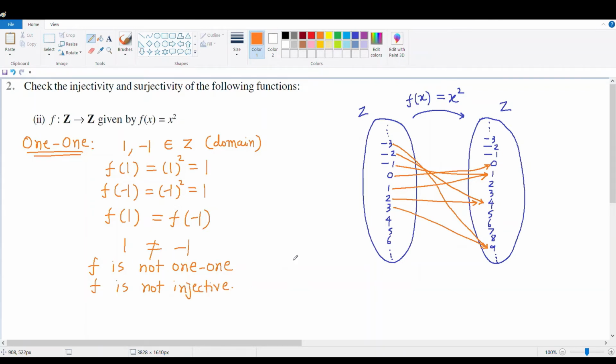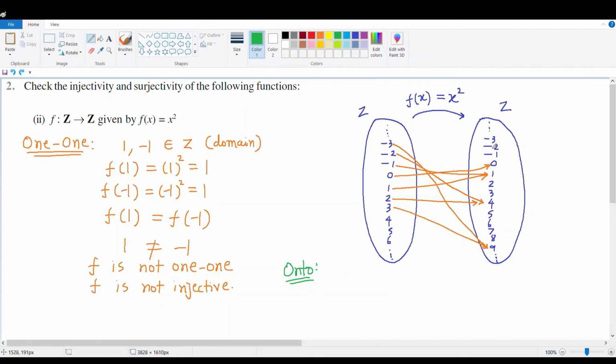Okay, now we'll check for onto. To check for onto, if every number in this codomain has a pre-image in this domain, then yes, this function is onto. But does that happen?